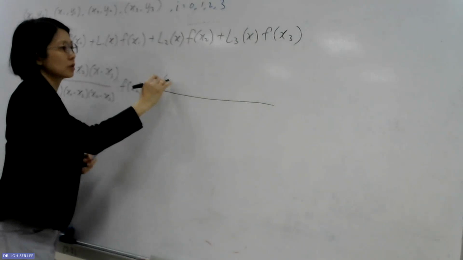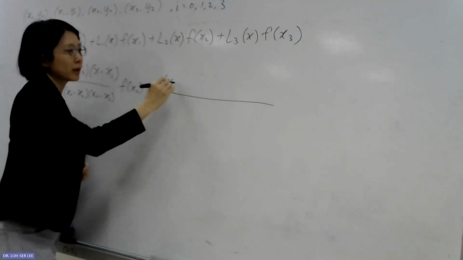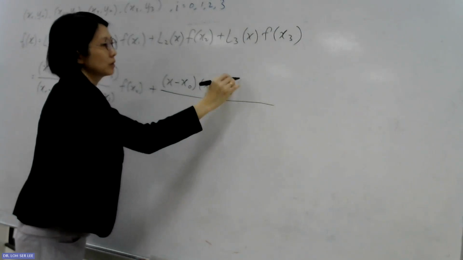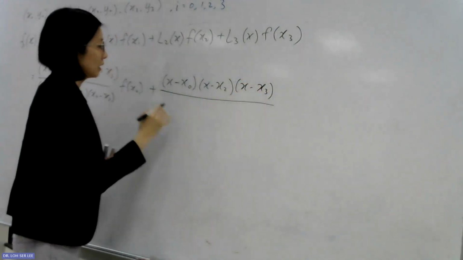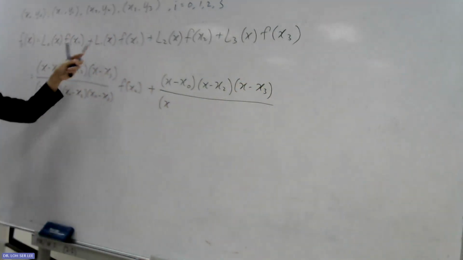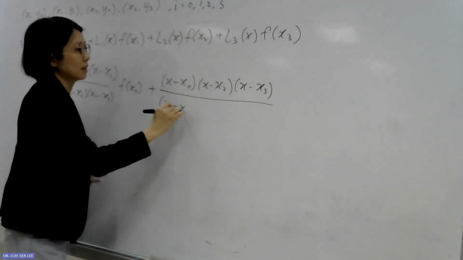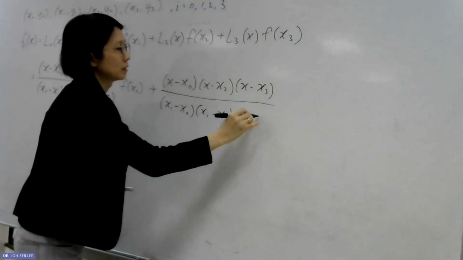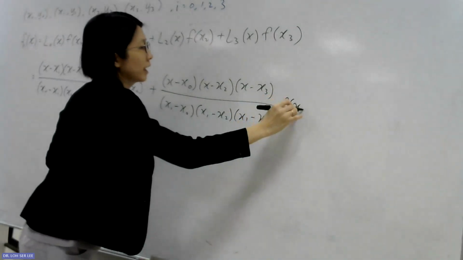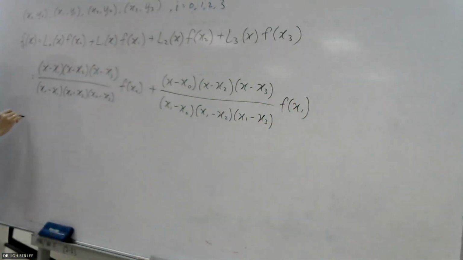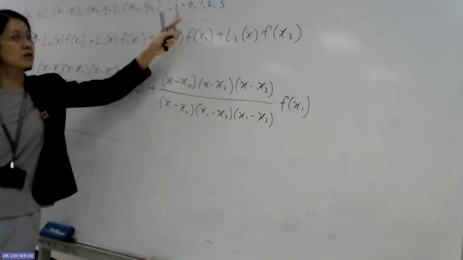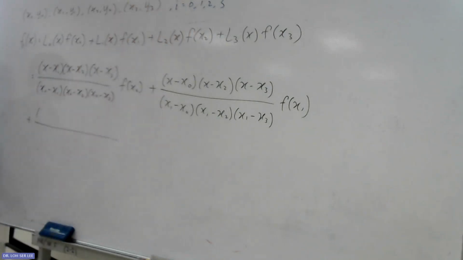So it will always start with the variable x: x minus x0, x minus x2, x minus x3, over x1 minus x0, x1 minus x2, x1 minus x3, times f(x1). Plus, for i is 2, that means 0, 1, 3.